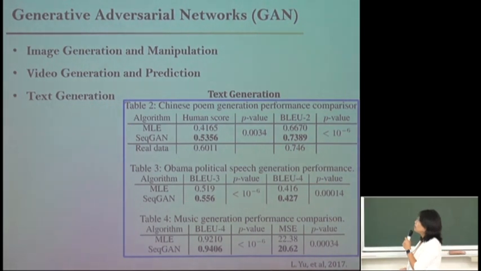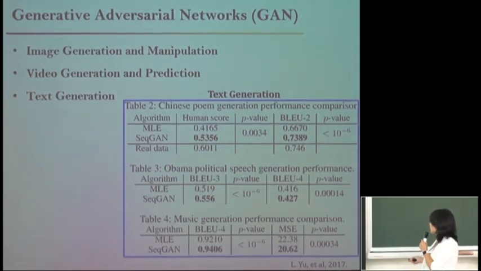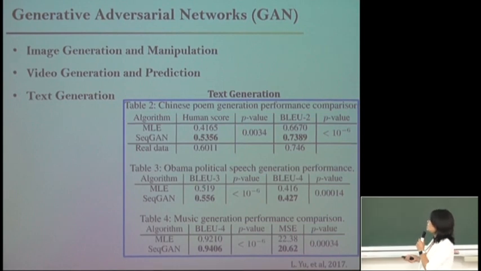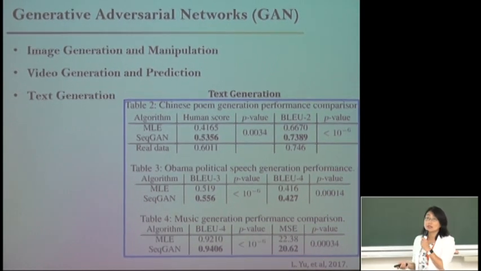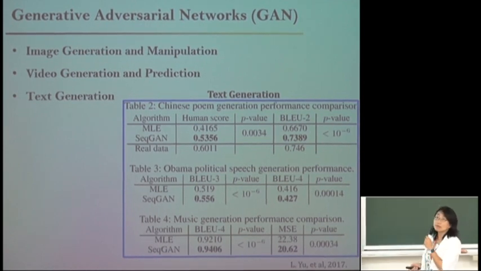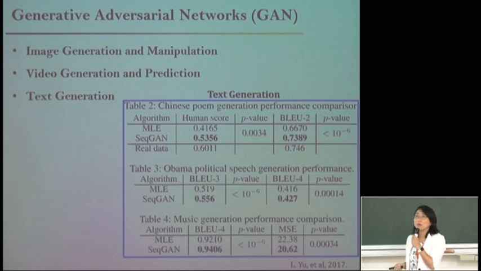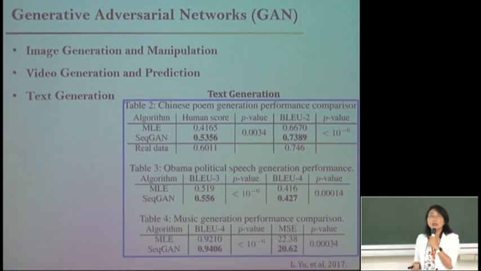Well, you might have heard about text generation. The latest paper, 2017, shows that using GAN systems, they can write Chinese poems, create Obama political speeches, and generate music. So we always say speech, literature, and music are where human beings are creative, right?